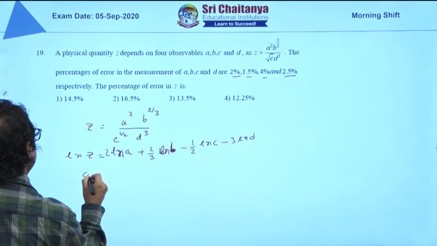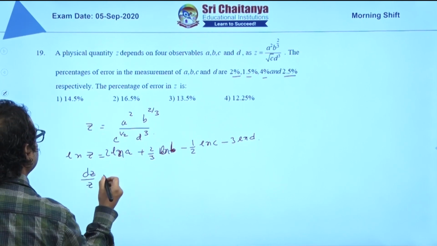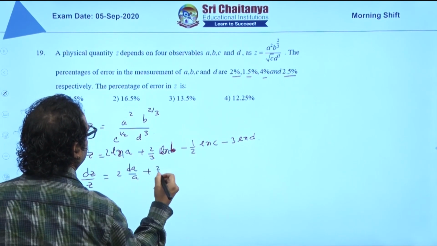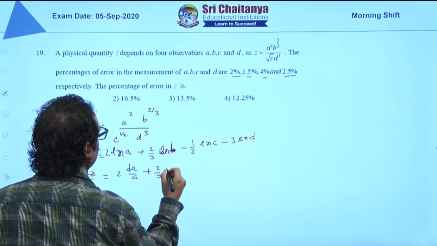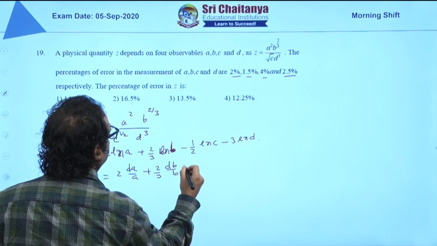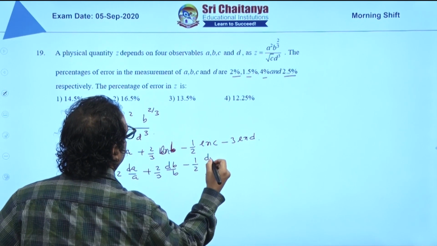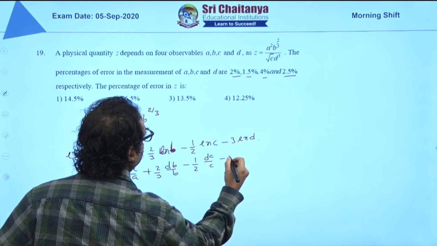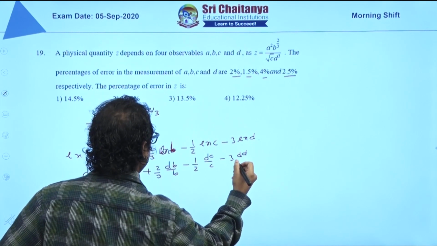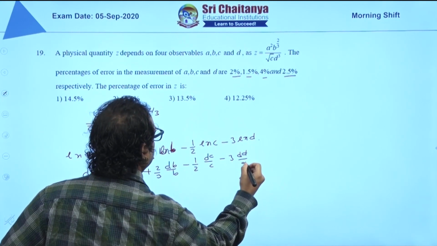Differentiate. So, dz upon z equals 2 dA upon a plus 2 by 3 dB upon b minus half dc upon c minus 3 dd upon d.